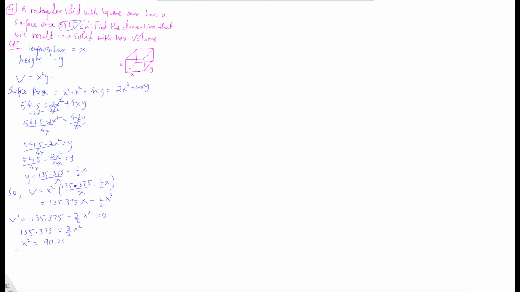So what will the x value be? If you take the square root of both sides, we take the positive square root because it cannot be negative, you get 9.5. So x is 9.5. Both x's are 9.5. Now I want to find y.